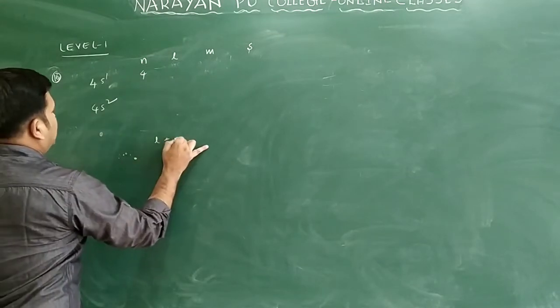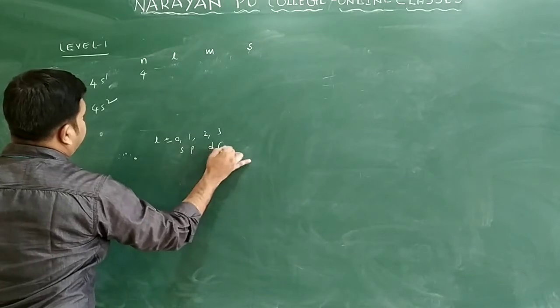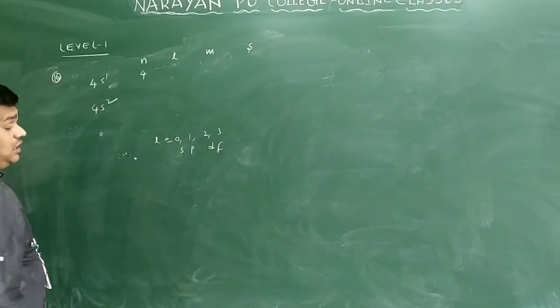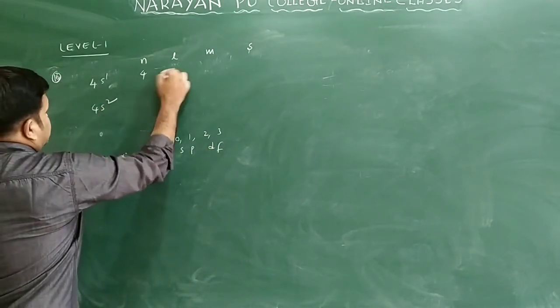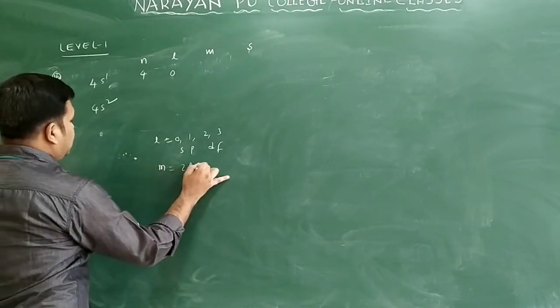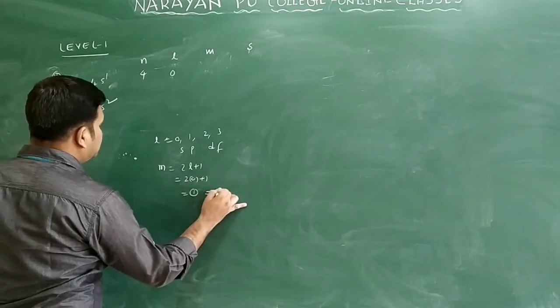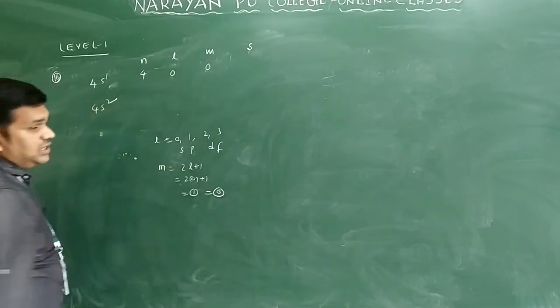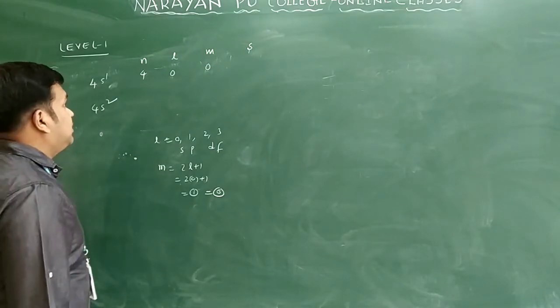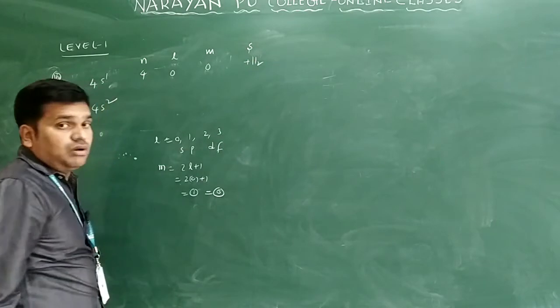You know l is equal to 0, 1, 2, 3 for s, p, d, f. For the s orbital, what is the l value? 0. What is the m value? m is equal to 2l plus 1, this is 2 into 0 plus 1, which is 1, so only 0 is possible. The magnetic quantum number becomes 0. s is equal to plus half, the spin quantum number.